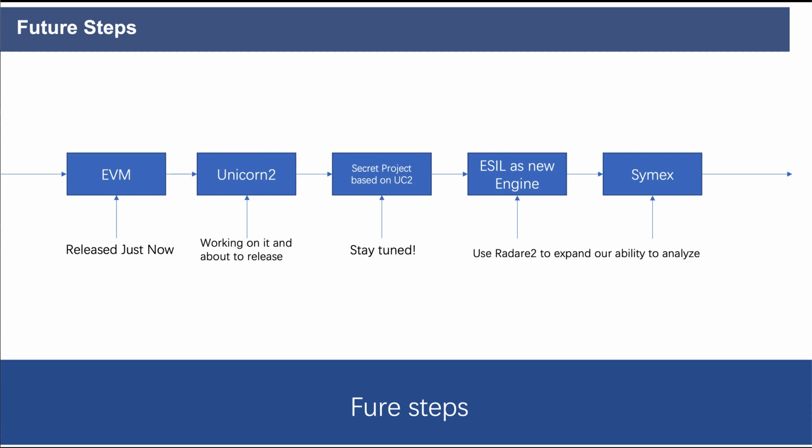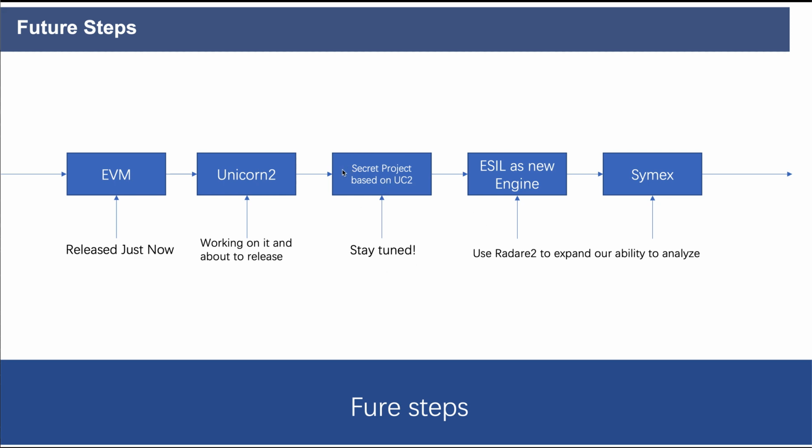Not only is it bumped to a higher QEMU 5, Unicorn was originally based on QEMU 2, which is quite old, and Unicorn 2 is based on QEMU 5, but I also added a lot of exciting features. And also our Chilling team is recently working on some secret projects based on UC2 and its new features.